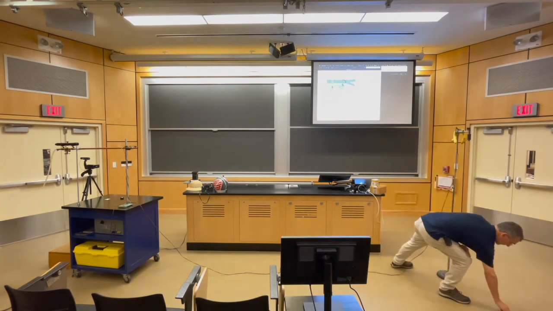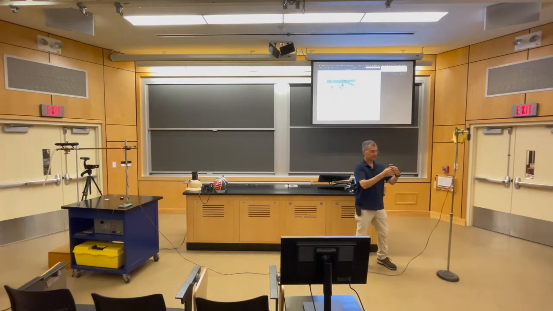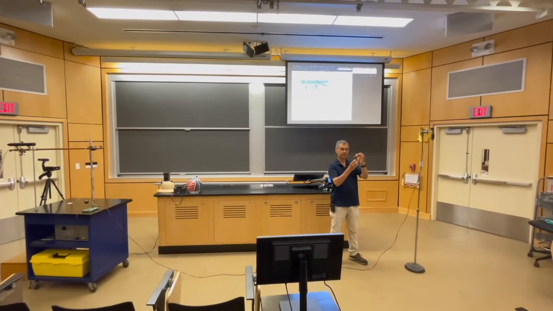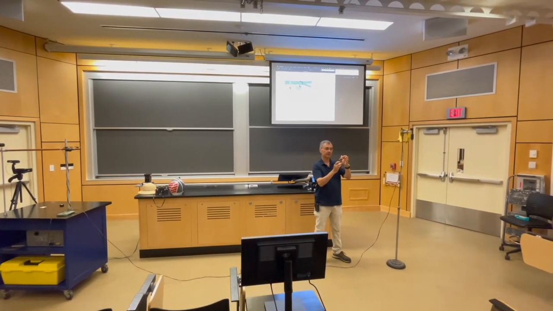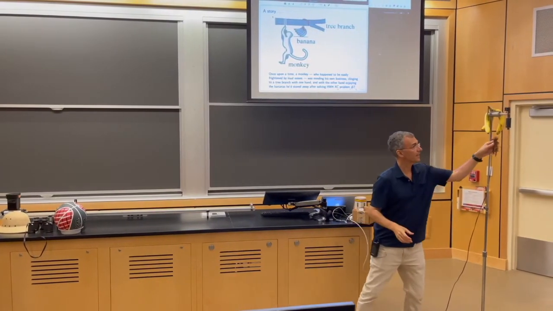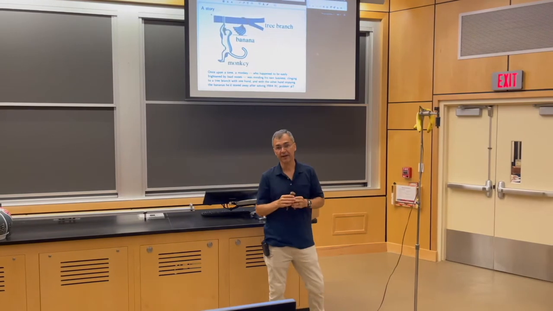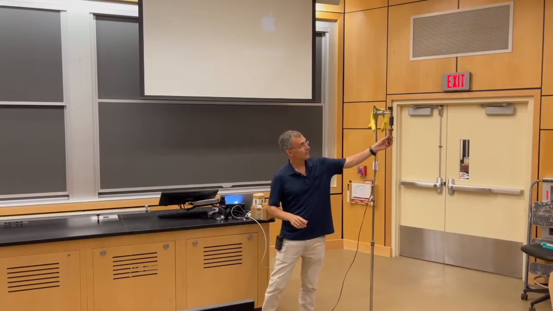And the little electromagnet creates a magnetic field which attracts this little steel tip which is screwed into the monkey's head. And so you can see there's no attraction right now, but when the electromagnet is energized, the electromagnet is holding the monkey in place.